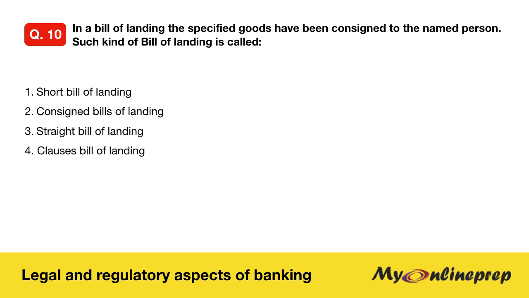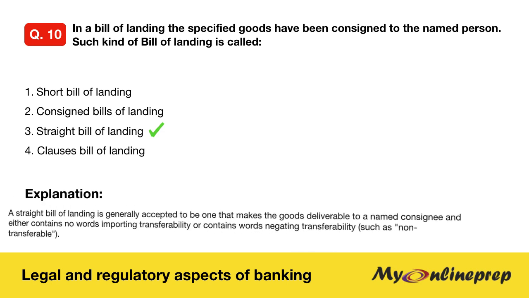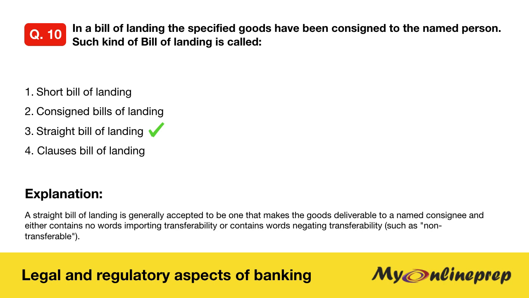The correct answer is straight bill of lading. Why? Because a straight bill of lading is generally accepted to be one that makes the goods deliverable to a named consignee and either contains no words importing transferability or contains words negating transferability such as non-transferable.